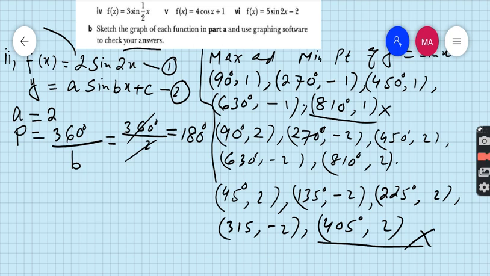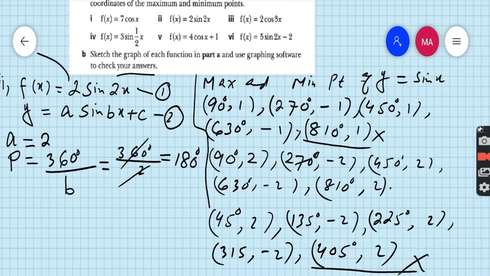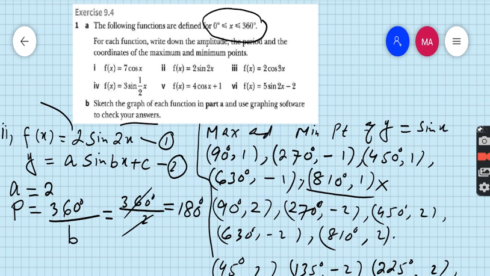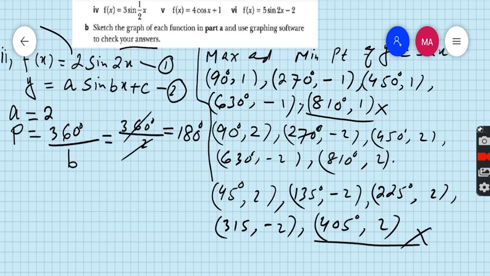Because in the question the domain is 0 to 360 degree and our final answer should not be beyond 360 degree. Look at this. 45 degree is in our range. 135 degree, I am talking about the final answer, is in our range. 225 degree is in our range. 315 degree is in our range. But 405 degree is beyond 360 degree.